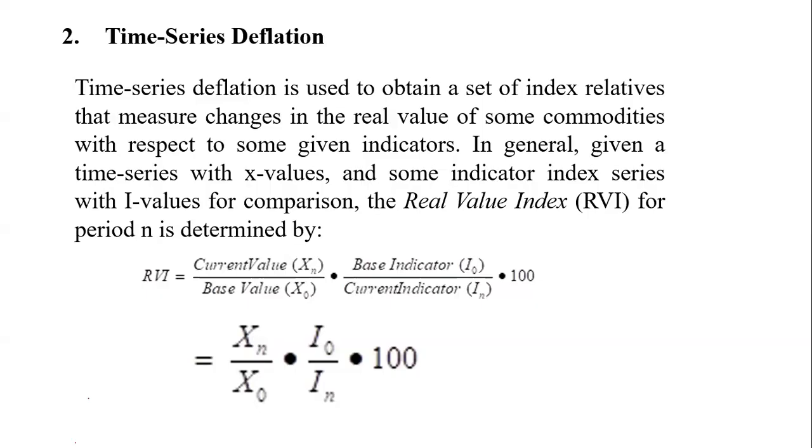So the real value index will be equal to the current value denoted by Xn divided by the base value denoted by X0, times the base indicator I0 divided by the current indicator In, all multiplied by 100%. So in short, if we take the symbols, we say Xn divided by X0 times I0 divided by In times 100 gives you the real value index.